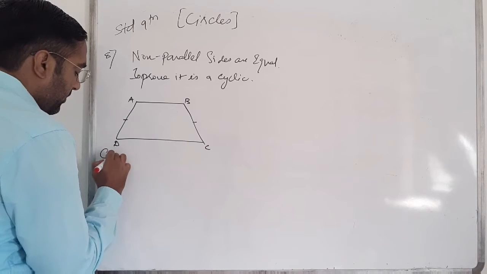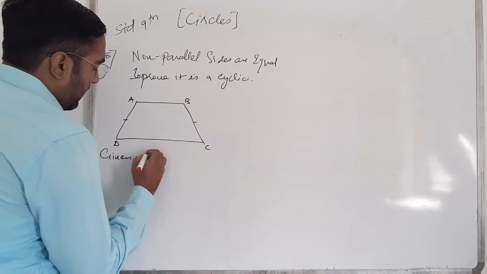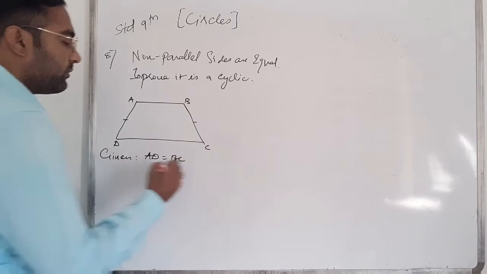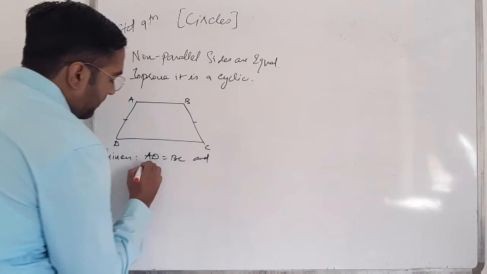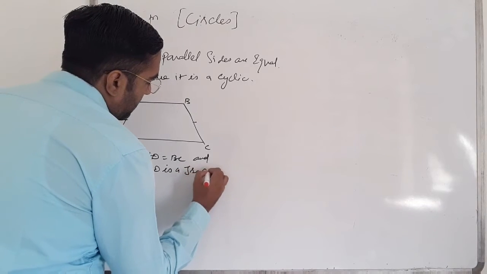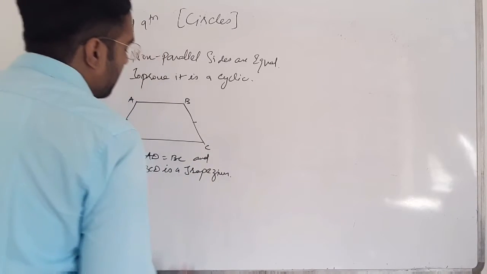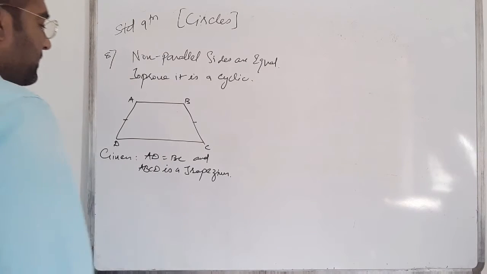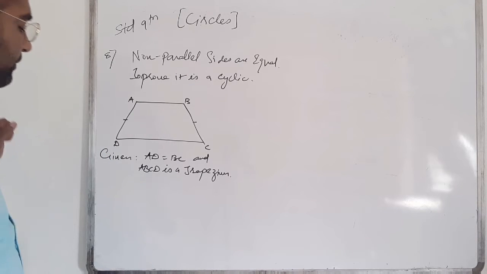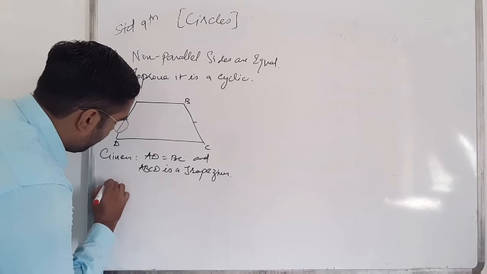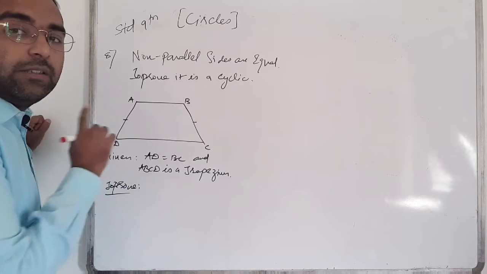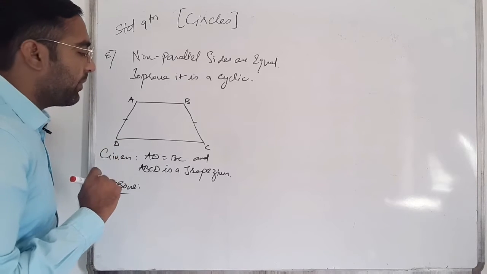So in the given, AD is equal to BC and ABCD is a trapezium. Now we have to prove that ABCD is a cyclic trapezium.